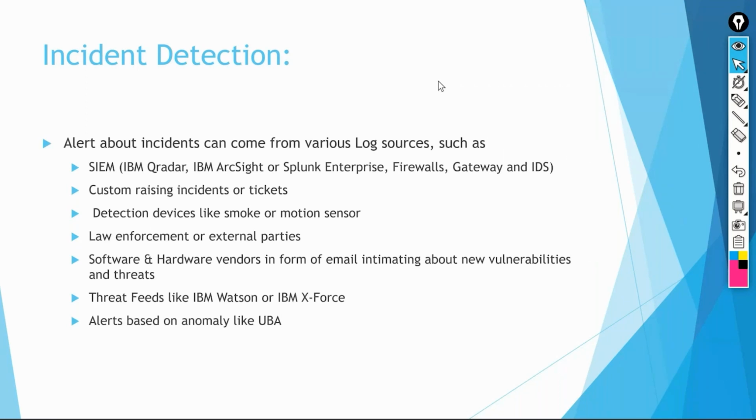So if you are using IBM QRadar, ArcSight or Splunk, whenever a new threat or vulnerability comes, the software vendor sends an email to all the customers about the new threats and vulnerabilities identified in the product, and which patch they can download to address those vulnerabilities.